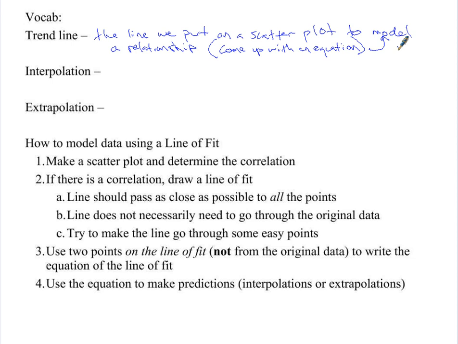Interpolation is once you've found the model, so you put your trend line on there, you come up with the equation using your two ordered pairs that you found. Then interpolation means that you use the model to find an estimate within the data.